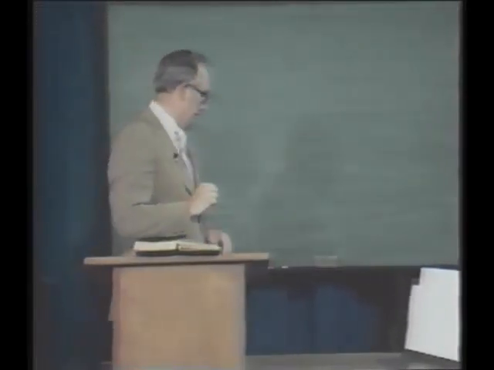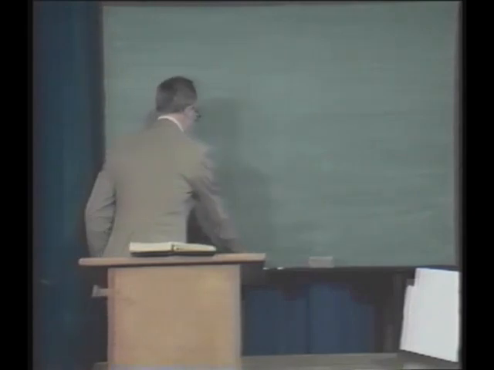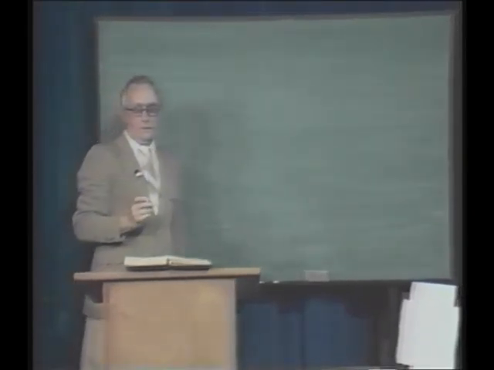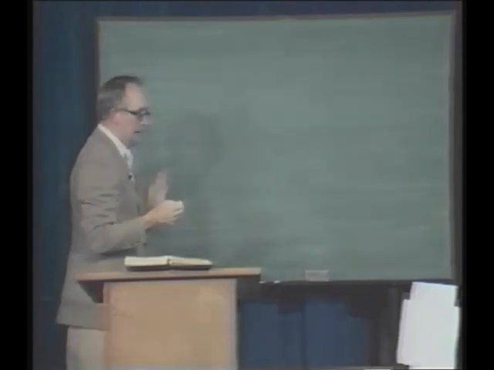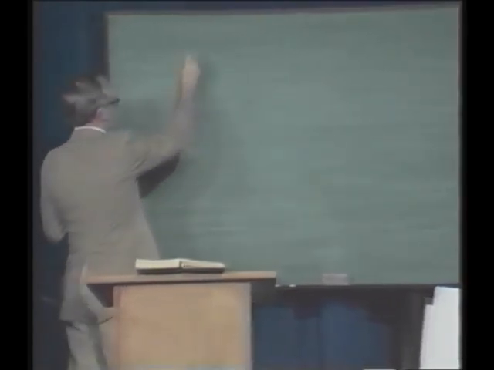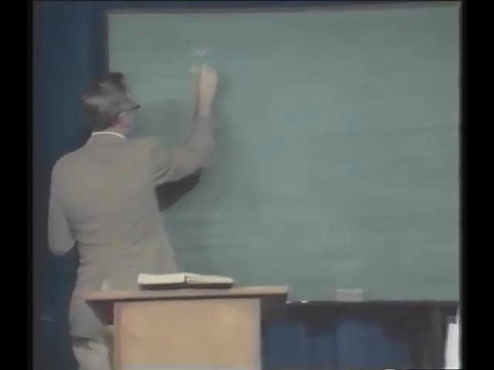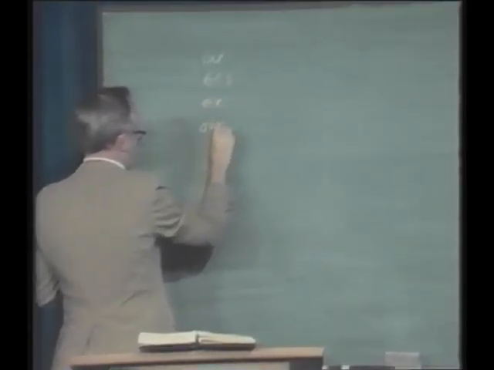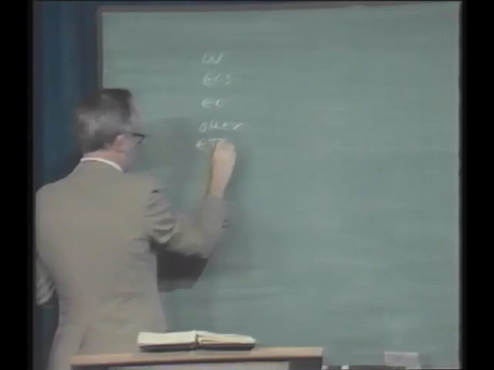Now, we need to look at something about those endings on the board. Those endings, if you learn them now, you have all the endings you need for the verb. You have the primary active, primary middle and passive, and they are like this. O, eis, ei, omen, ete, ousi.